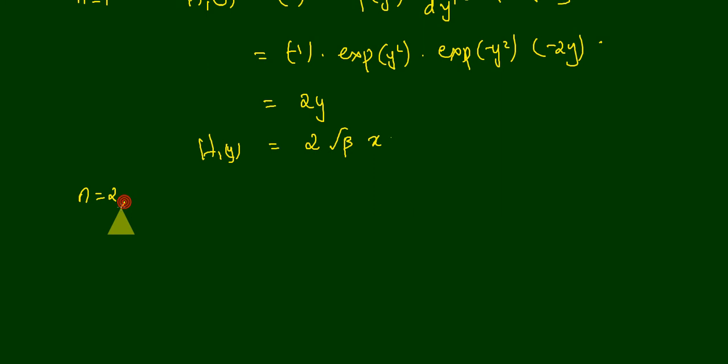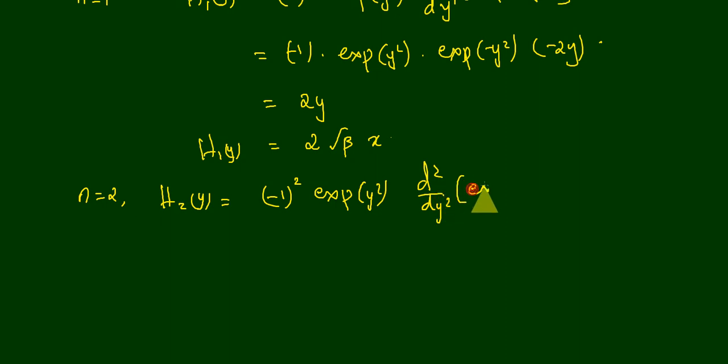So for n equal to 2, we have H2(y), which is minus 1 raised to 2, exponential y square, d square by dy square of exponential minus y square. Minus 1 squared is plus 1.